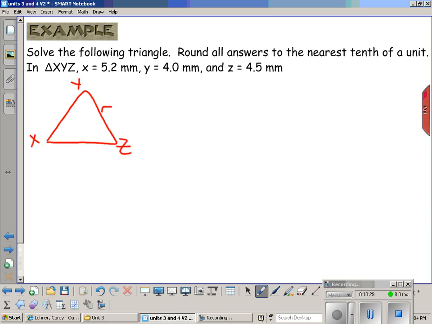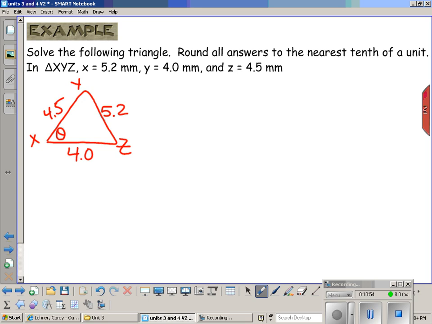Side x is 5.2, so opposite angle X. Side y is 4.0, and side z is 4.5. So the missing parts in this one are all of the angles. So we need to find each of them. Pick one to start with. It really doesn't matter. I will pick angle X to start our process.